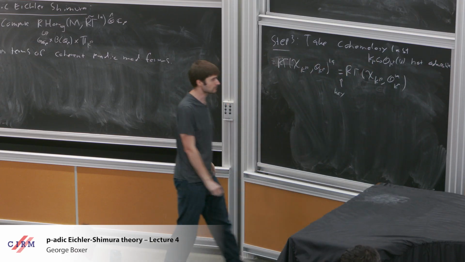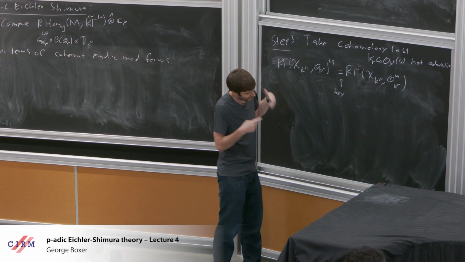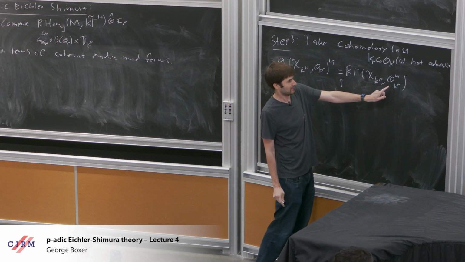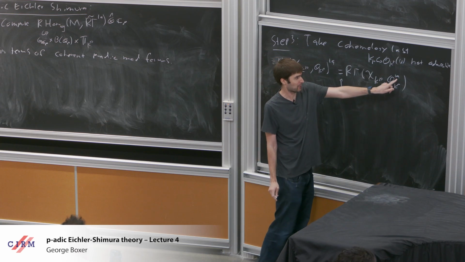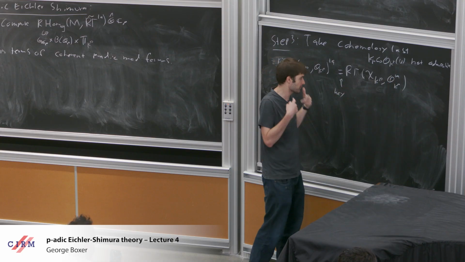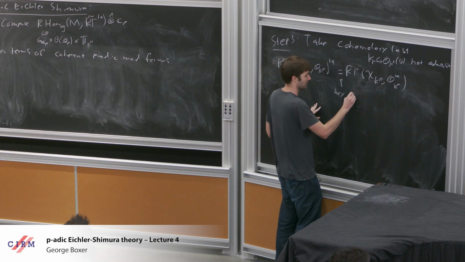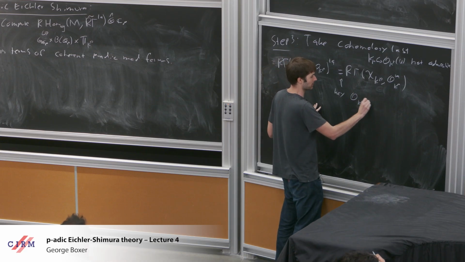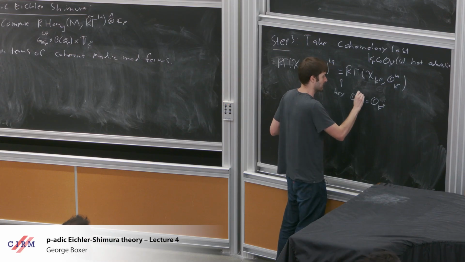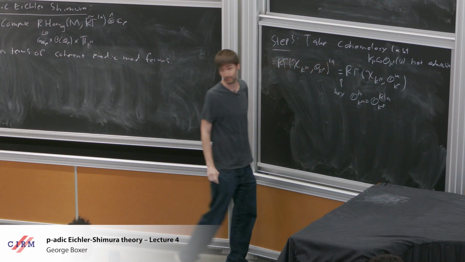Okay? And so the key thing, well, depending on how you phrase it, the key thing is to first of all understand how to take some kind of derived locally analytic vectors here, and then to prove that actually there are no derived locally analytic vectors. So the key thing is basically to prove that the underived locally analytic vectors are the derived locally analytic vectors.